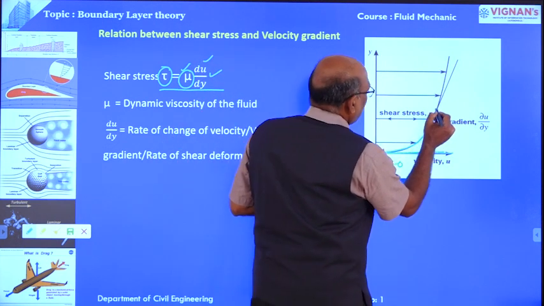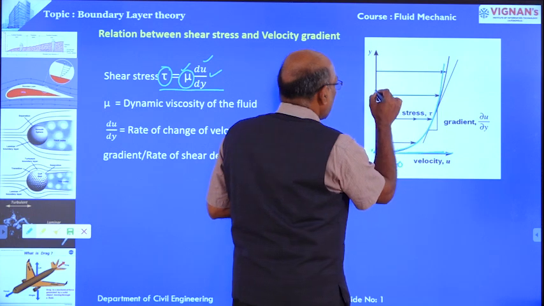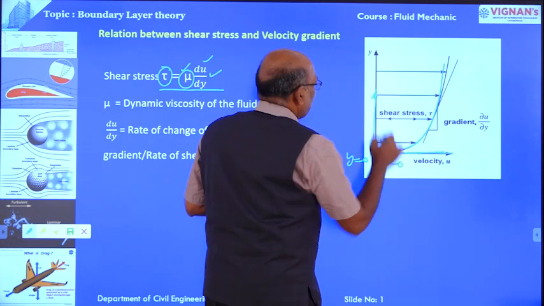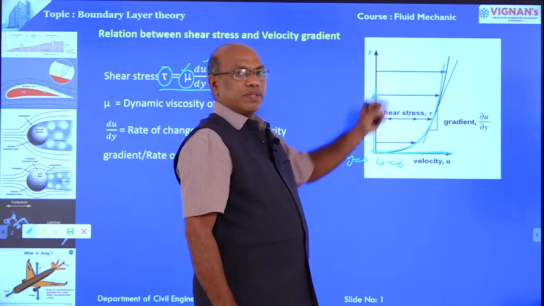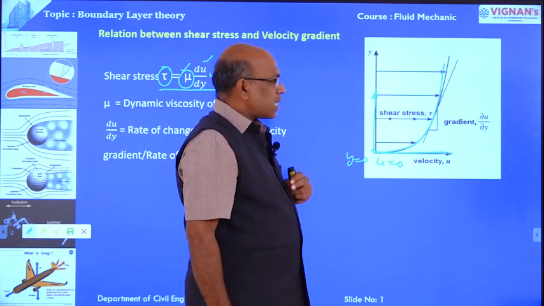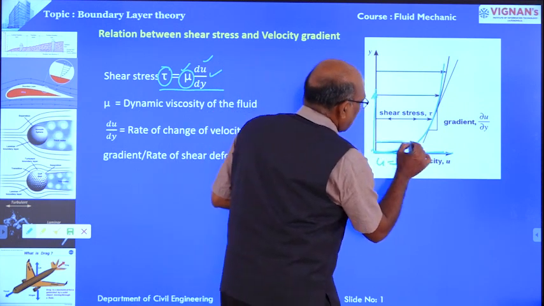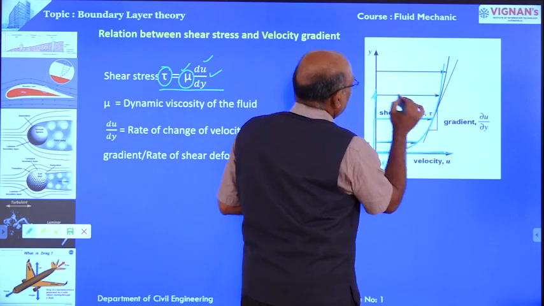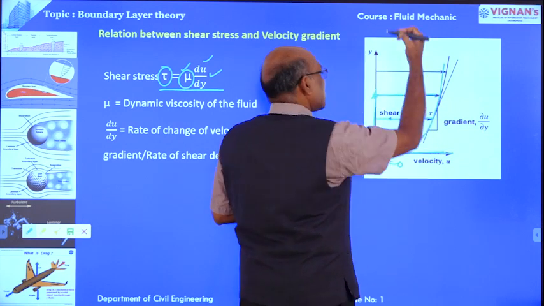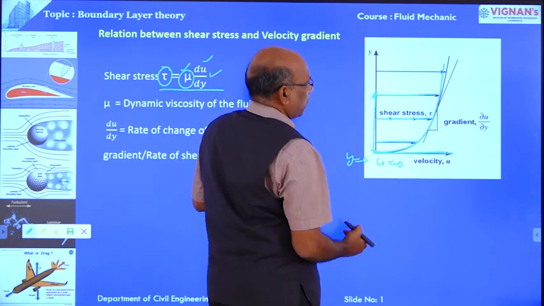Away from the boundary and normal to the boundary, velocity develops. Velocity increases gradually away from the boundary.